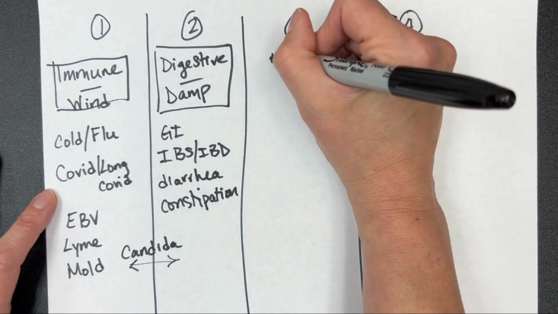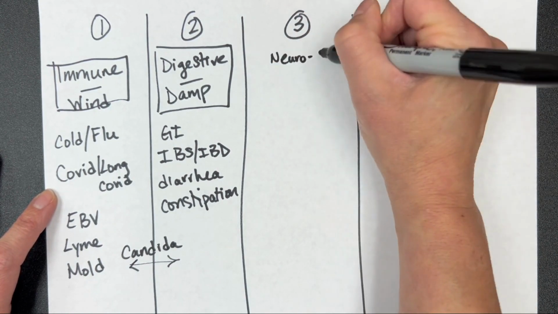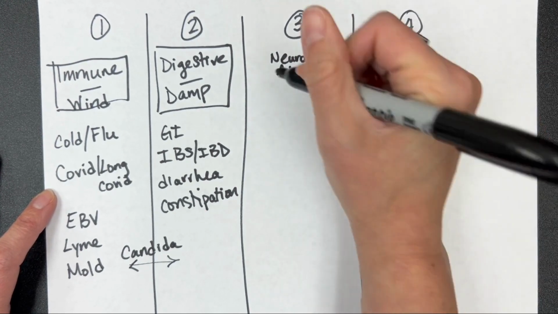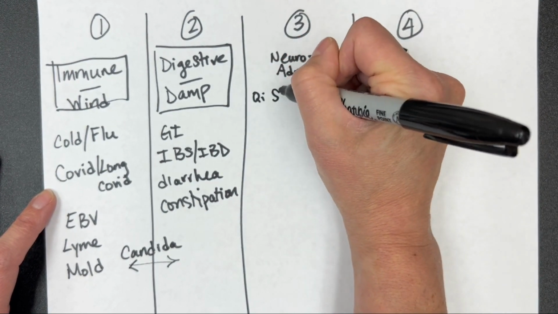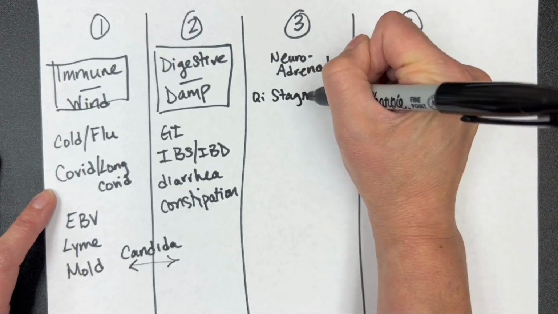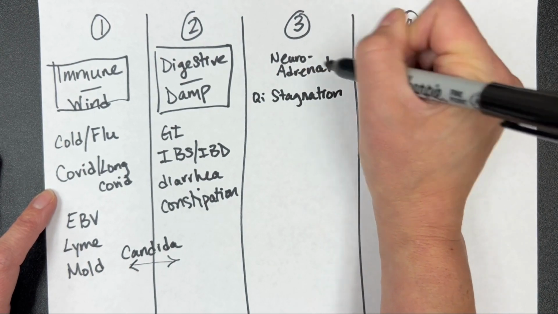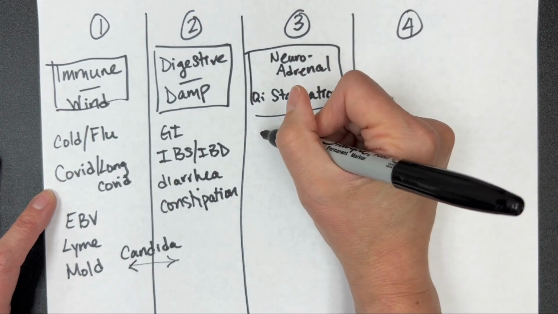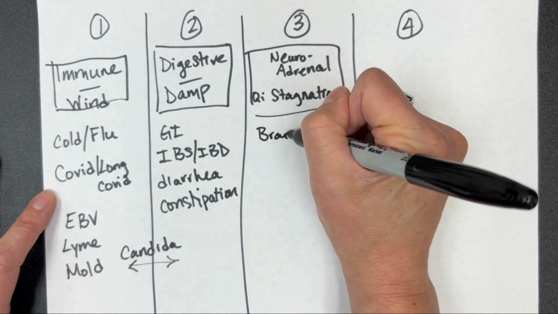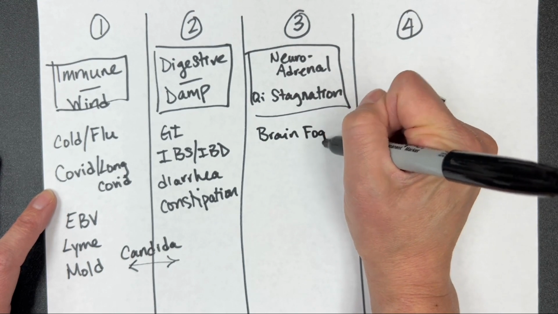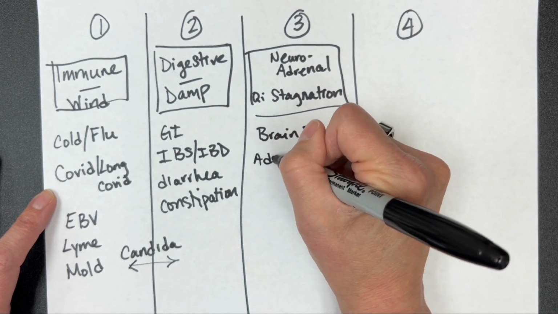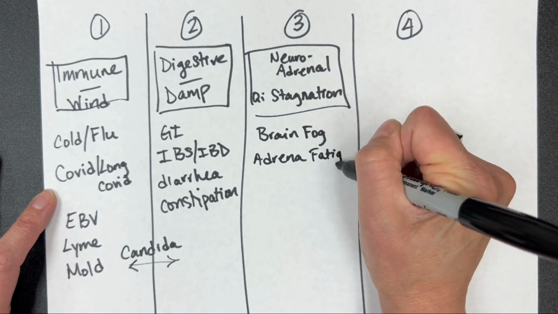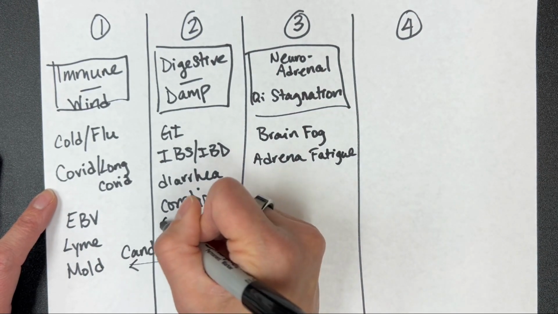And then stage 3, we have this neuroadrenal phase. And in Chinese medicine, I'm going to call that qi stagnation. Basically, the energy not flowing well. And these are things like brain fog. We have adrenal fatigue. I'm going to come back here really quick.